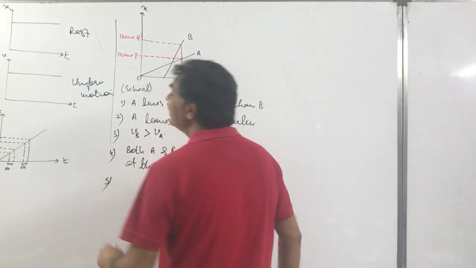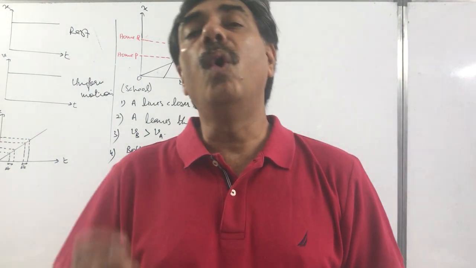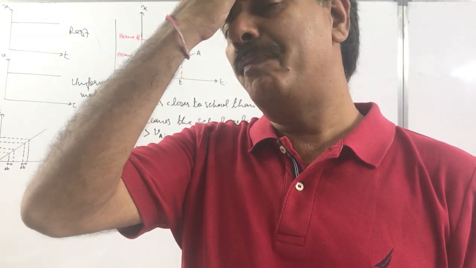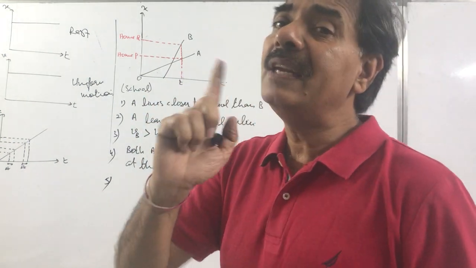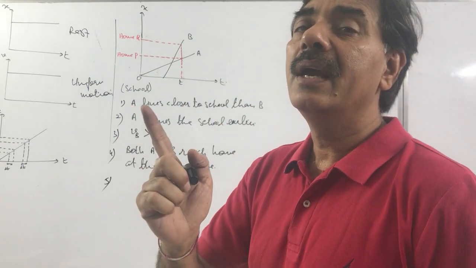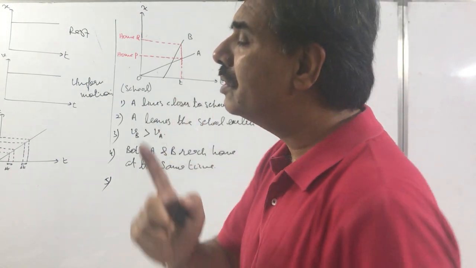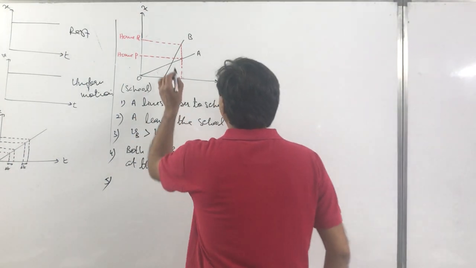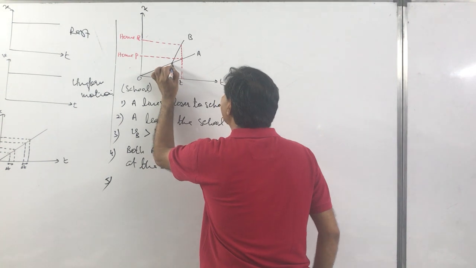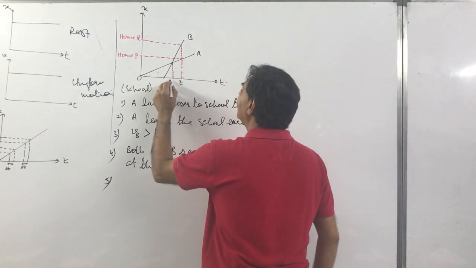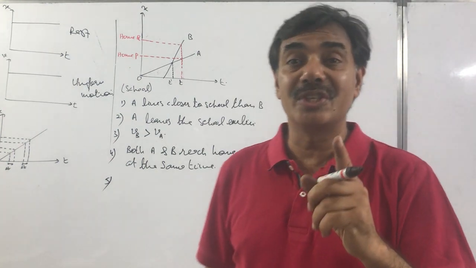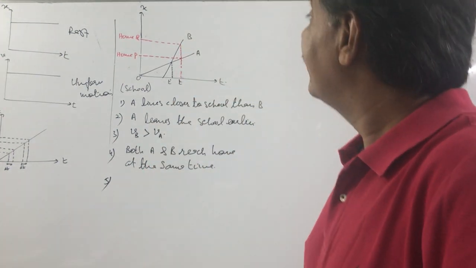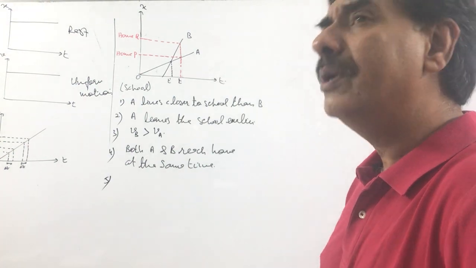And in the next part he says, who overtakes whom? Even if B is traveling faster than A, he started later, but does at any time B overtake A? And if it does, how many times? It does only once. Because corresponding to this time, T dash, both have the same position. Remember, A started a little earlier, but slower.